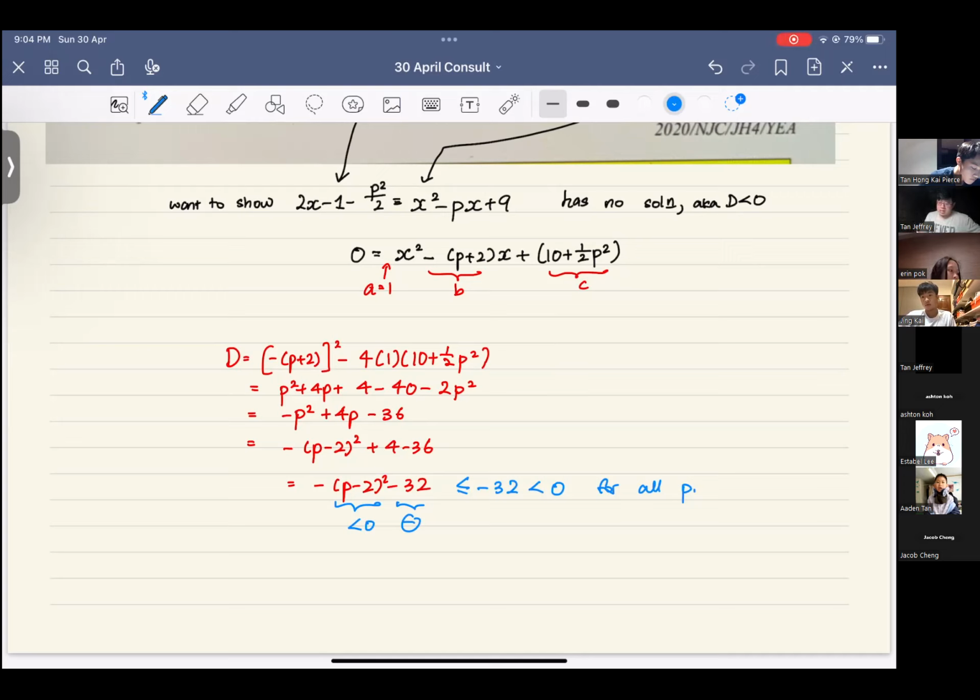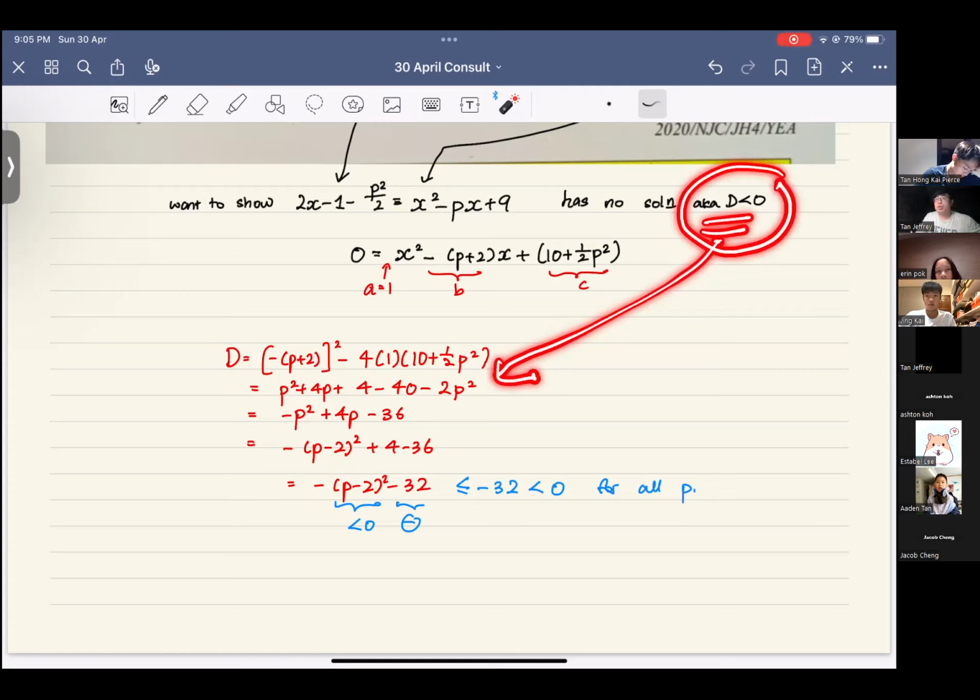If you see something like this, you know that a negative square cannot be positive. It's either 0 or less. That is why I complete the square. Remember, from the start, our end point is we want to show that our discriminant is less than 0.